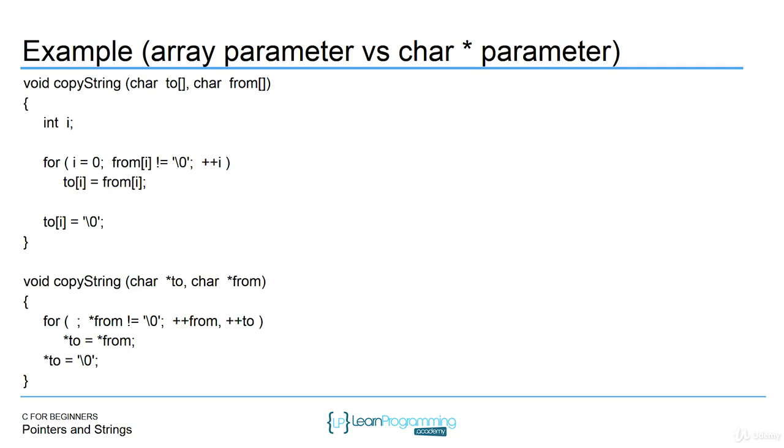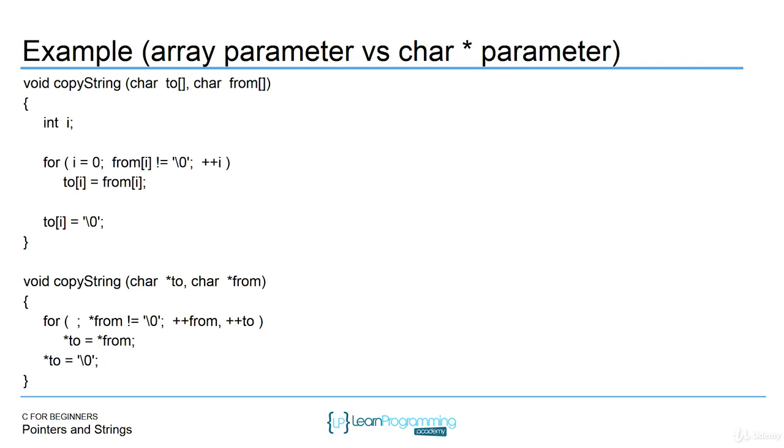First, we declare two pointers in the function declaration of copy string by just saying char star to, char star from. In our for loop, we don't have to actually declare any variables because we have pointers and we just want to iterate until the from hits the null terminator. And then we can increment both the from and the to pointers, because here we're doing pointer arithmetic, right?